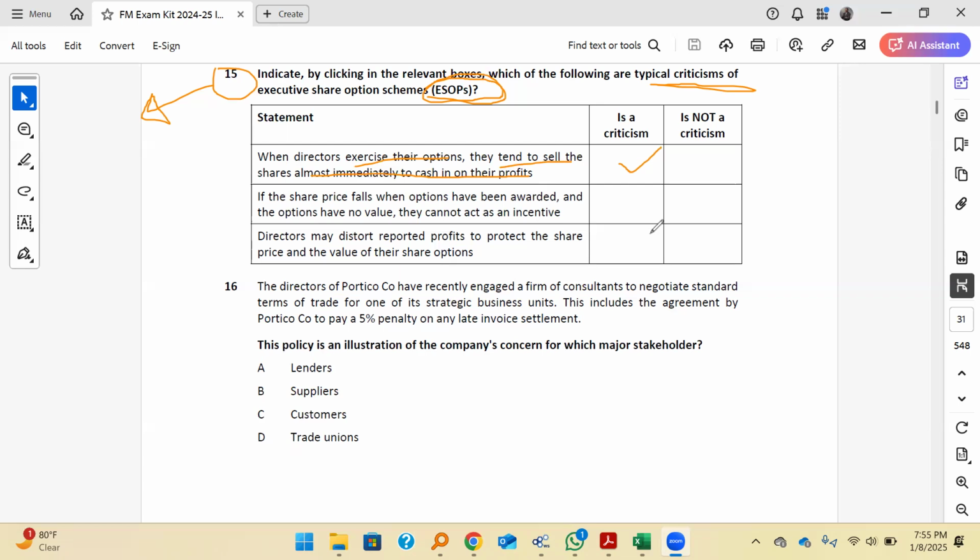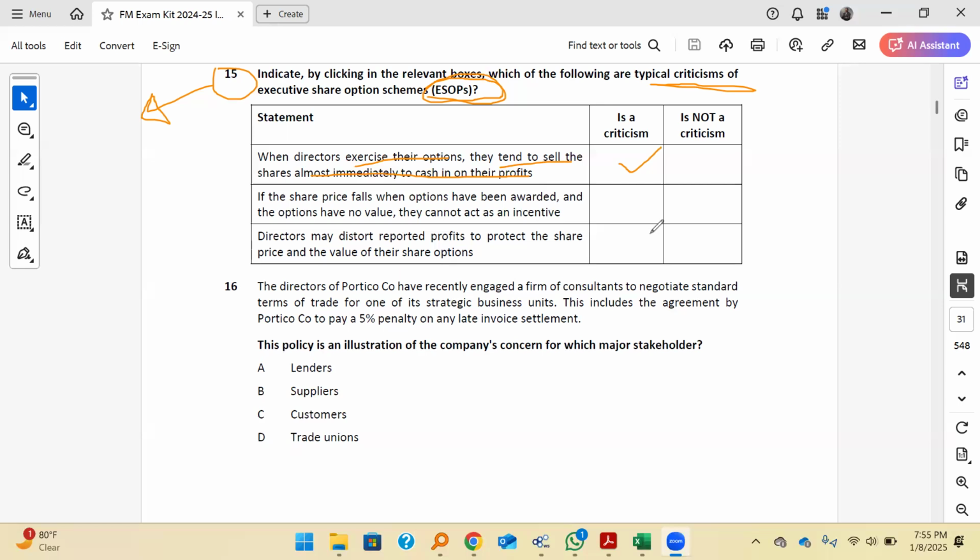So, okay, that is also a criticism because you see, the share options only become better if you are able to benefit from them. So if they tell you that as a director, I shall give you a bonus, but in terms of share options, where you can get these shares at maybe $2 per share as the value that they are going to give to you.